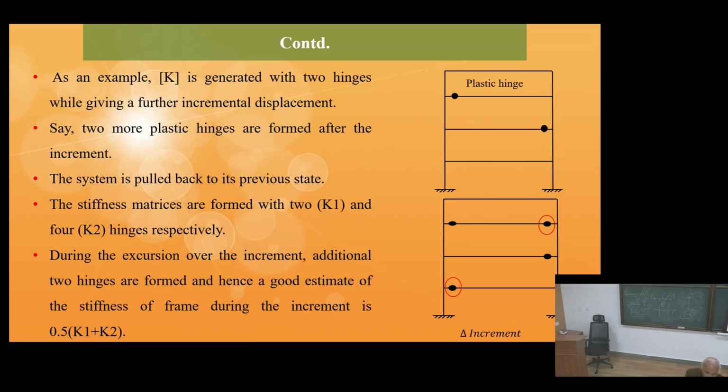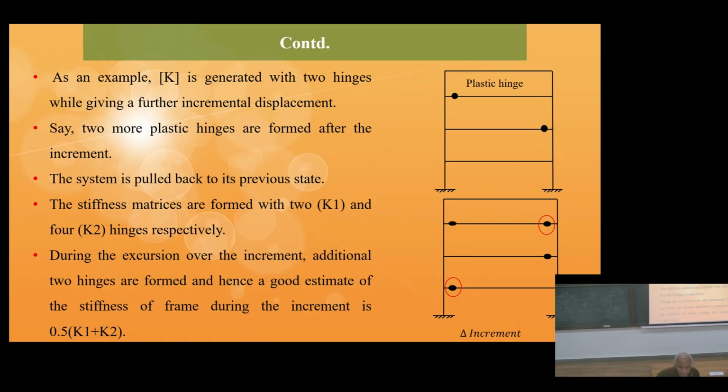They pull back the system to the previous state and take an average stiffness, that means 0.5 times K1 plus K2. This is quite rational. Somewhere in between, the hinges might have formed, and the actual stiffness is an average of the two and four hinge stiffness.